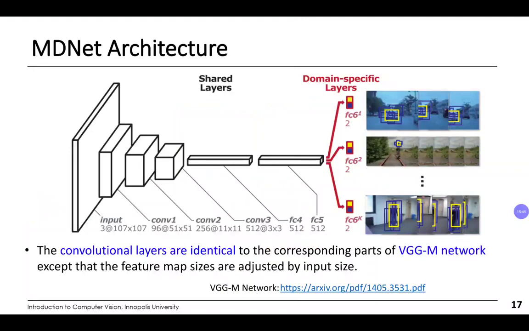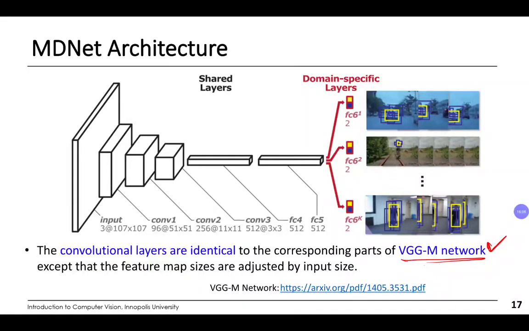So let's move on and see the MDNet architecture. This architecture corresponds to a part of the VGG-M network, and we have different kinds of networks, for example, ResNet, AlexNet, Inception, and so forth. Similarly, we have the VGG-M network.